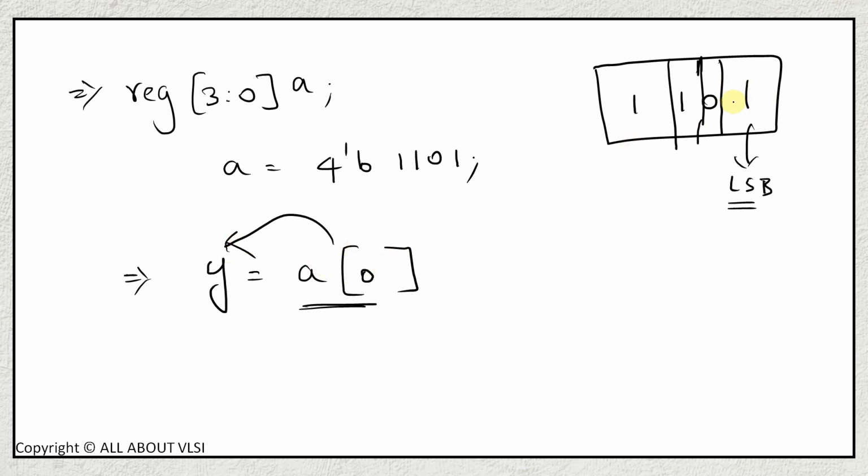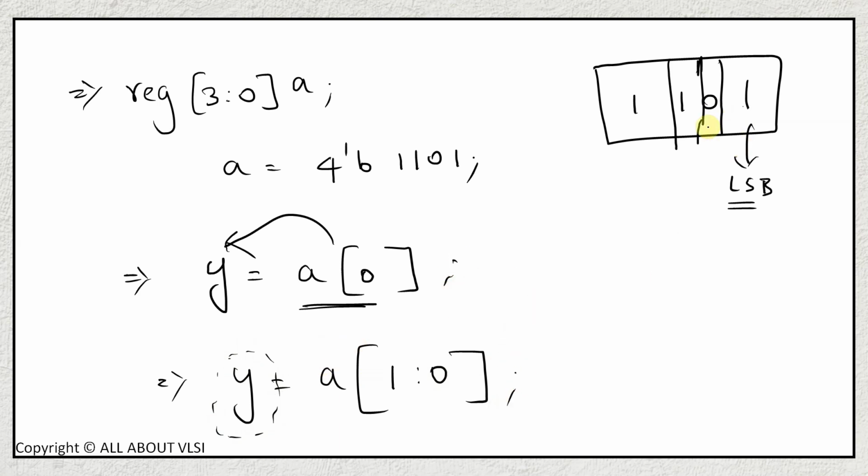Let's say we want to store the LSB bit and the previous bit, that is 0 and 1, inside another variable y. Then we write y is equal to a of 1 down to 0. That is, we are storing the LSB bit and the bit before the LSB inside y. And suppose we want to store the first two bits, that is the MSB and the next bit after the MSB, then we simply write y is equal to a of 3 down to 2.